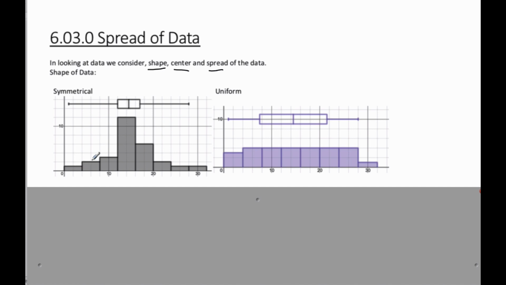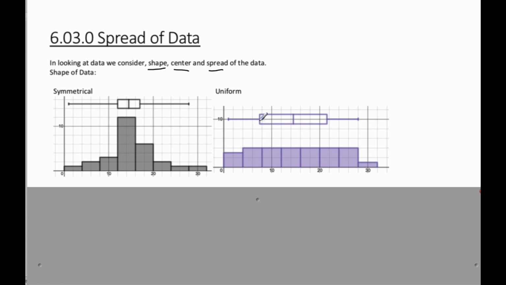And the tighter this bell-shaped normal curve is, the tighter the box is, as compared to a uniform distribution, where the numbers are basically all the same. There's not a lot in the middle and little on the ends, but they're all about the same.